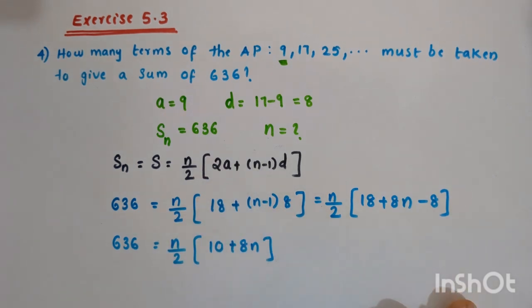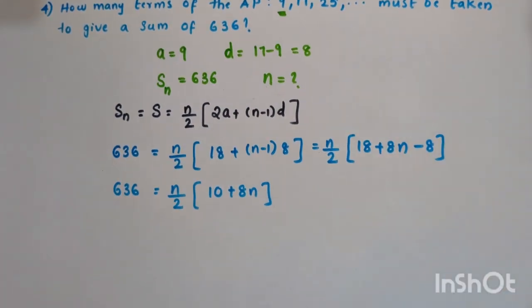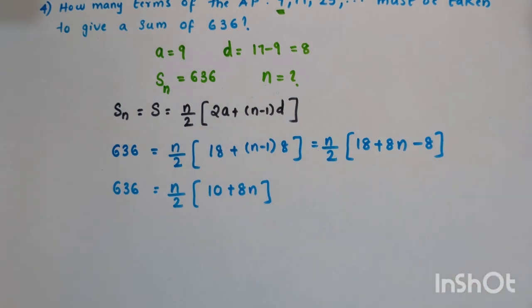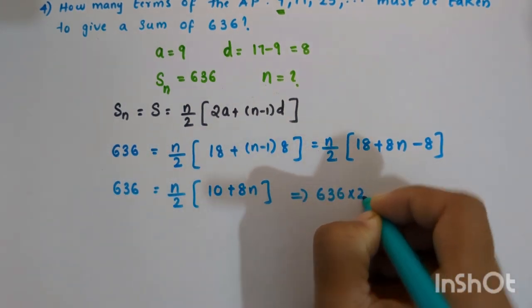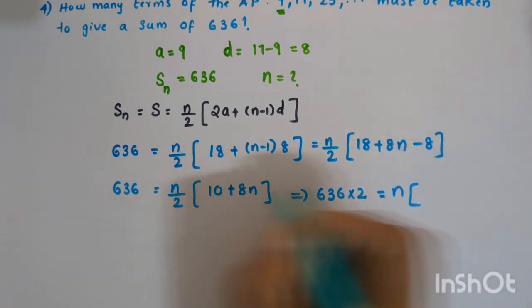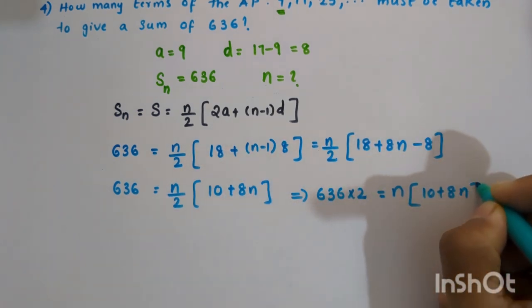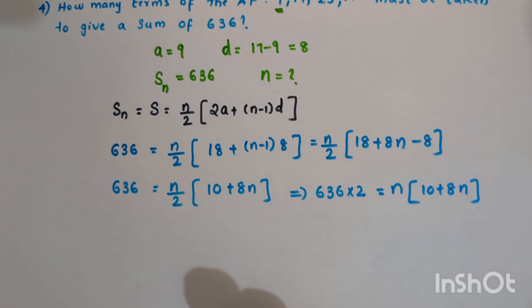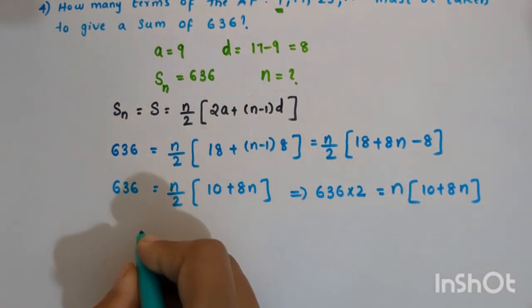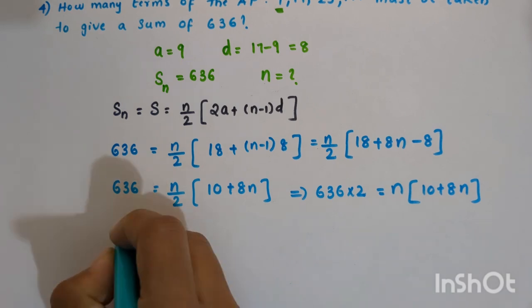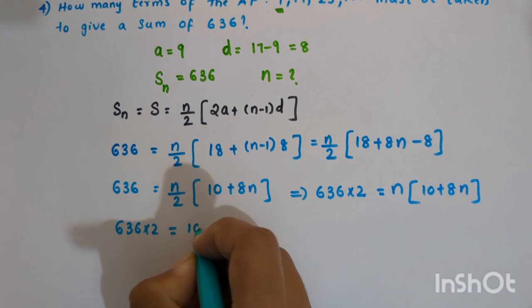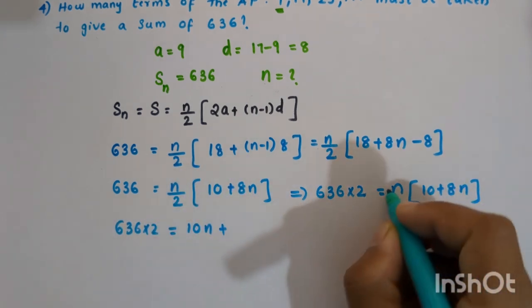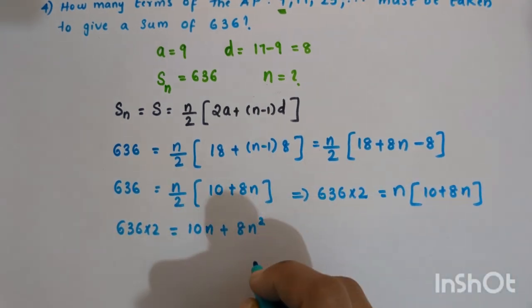Now if I take this 2 to this side, it goes to the numerator. So we can write 636 into 2 equals n into 10 plus 8n. This is like 636 into 2 equals 10n plus 8n into n, which is 8n square.